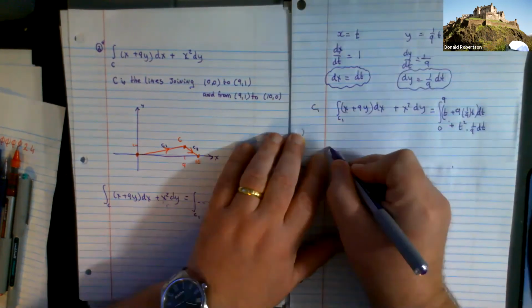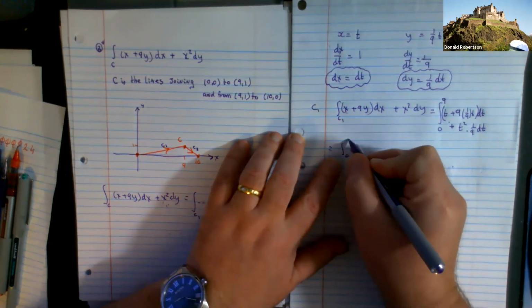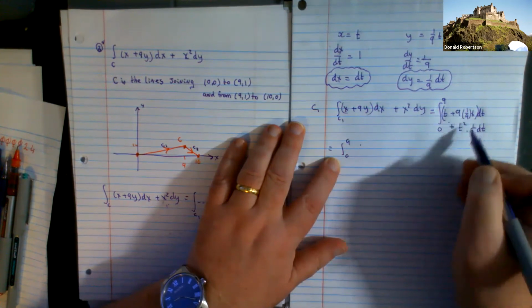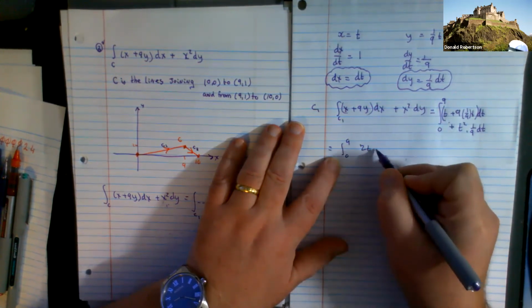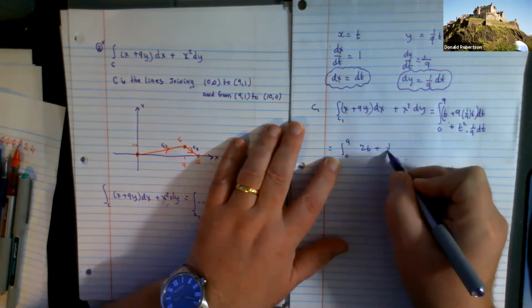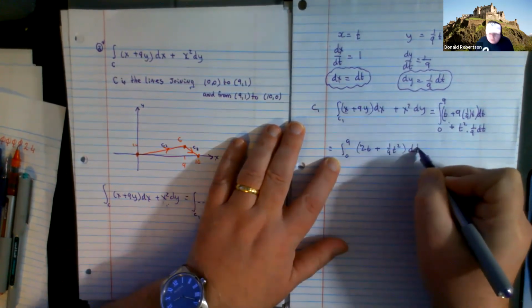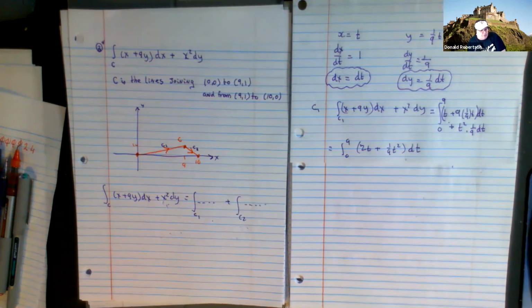So we get the integral from 0 to 9 of t plus another t, so that's 2t, plus 1/9 t squared dt. Do you see our question has now just become a Calc 2?